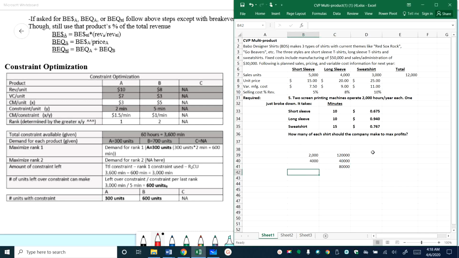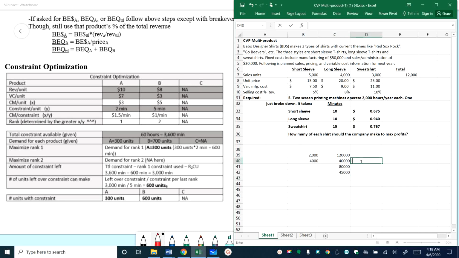So now, again, we want to maximize sweatshirts next. So sweatshirts, we want 3,000. And if sweatshirts take 15 minutes, then we're just going to do that 3,000 times the 15 minutes it takes to make them. Luckily, we're still at only 45,000 minutes, so we have enough to make as many sweatshirts as we want.